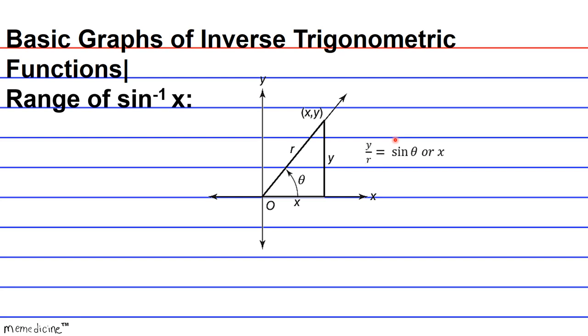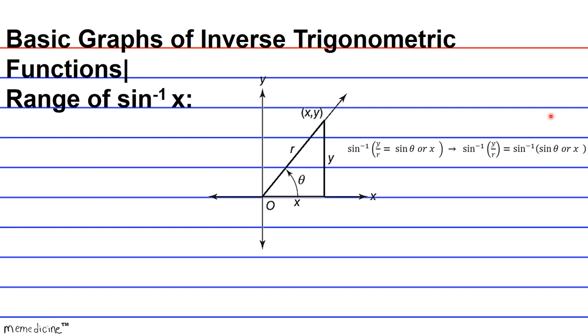But when we take the inverse sine of this entire equation, what we get is the inverse sine of y over r equals the sine of theta over x. Now what? As we continue and we distribute the inverse sine function, the inverse sine of y over r is equivalent to the inverse sine of the sine of theta or x.